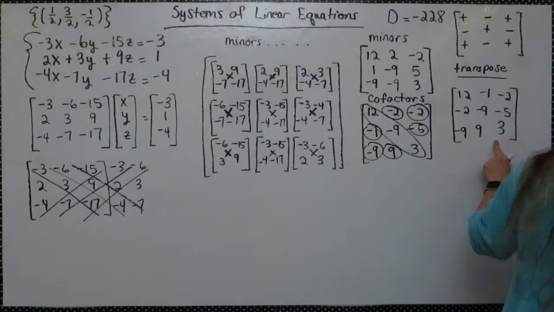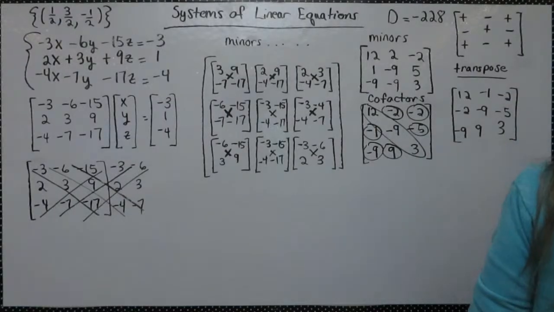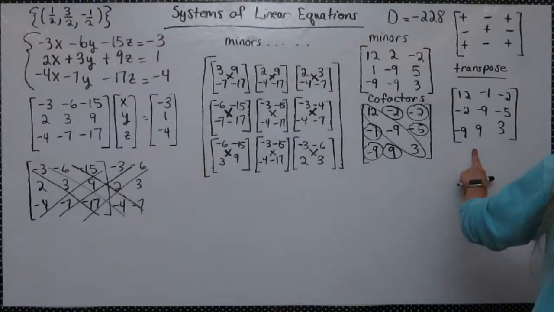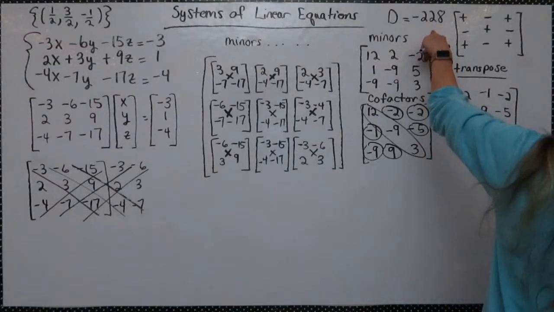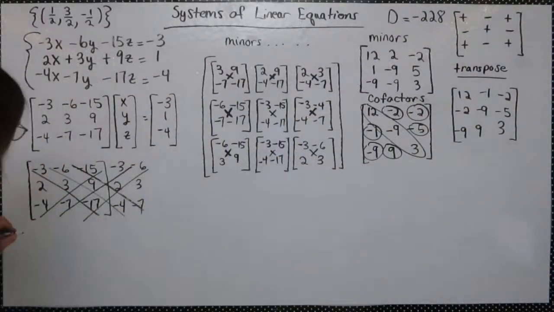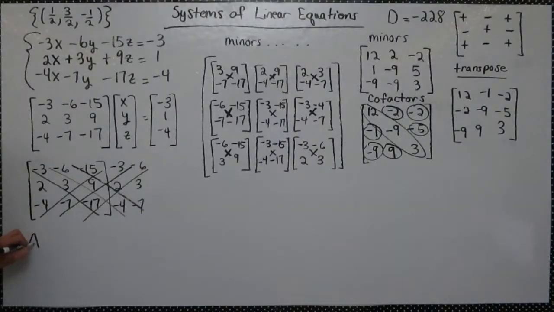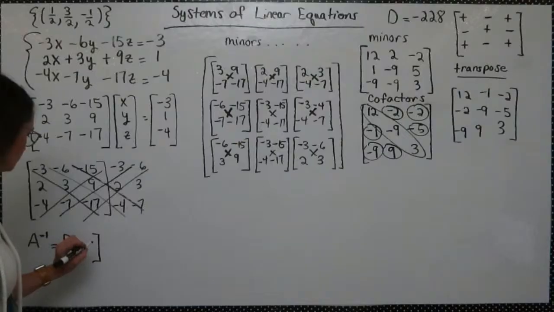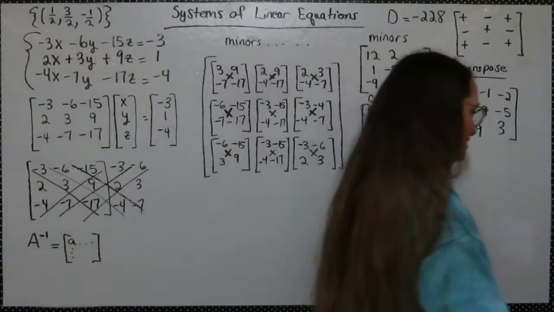So after we transpose, am I missing a step? All right. Now I believe all I have to do is take this matrix and multiply it by my determinant. Okay. We're going to go ahead and list this formula. So to calculate the inverse matrix, A inverse equals A, oh, I missed that. Oh, yeah.